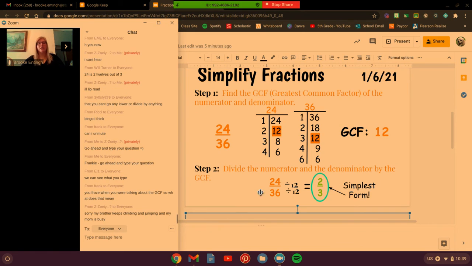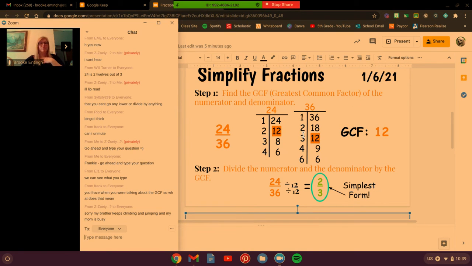Okay, so Frankie, the greatest common factor, that's the largest number that can go into both your numerator and denominator. So when I listed these numbers over here for 24 and 36, I was looking for the largest factor, the largest number that goes into 24 and 36 evenly.